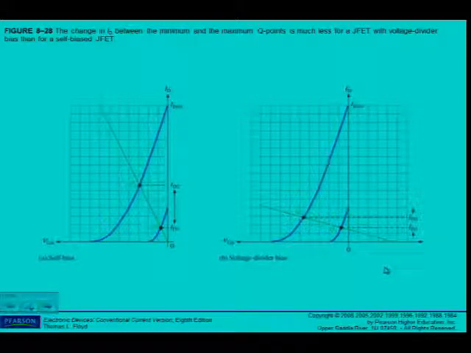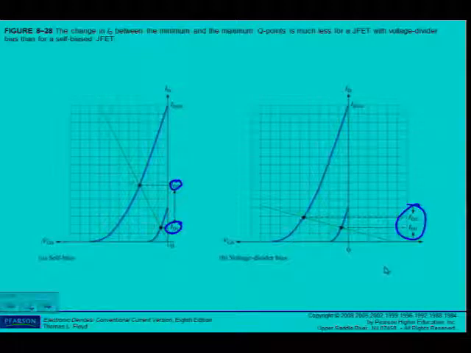Although VGS varies quite a bit for both self bias and voltage divider bias, ID is much more stable with a voltage divider bias, and we can see it here in this figure. You can see this range here on the self bias is much larger than it is here for the voltage divider bias. So again, the voltage divider bias is more stable than the self-biased JFET.